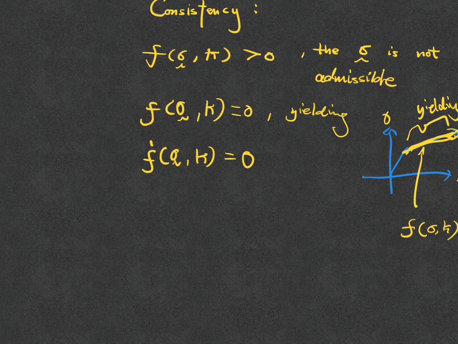Because F dot is equal to 0 and F is a function of sigma and kappa, the radius of the yield surface, and then the stress itself.